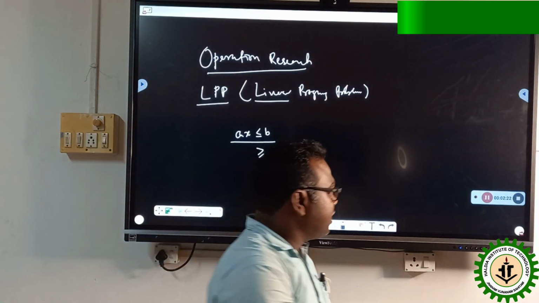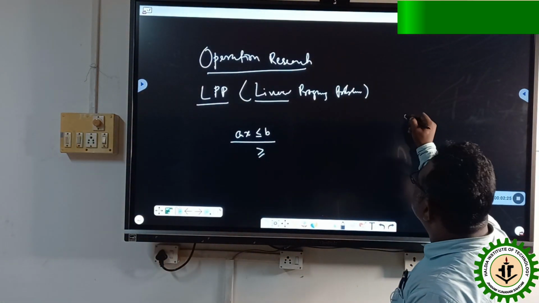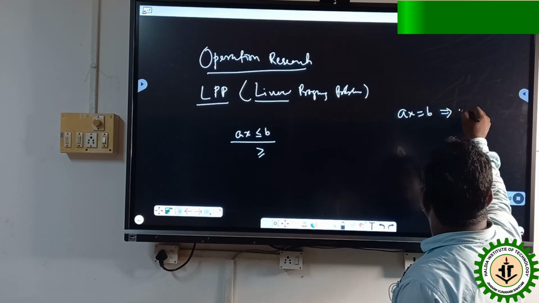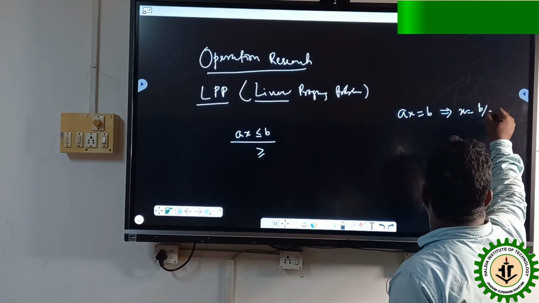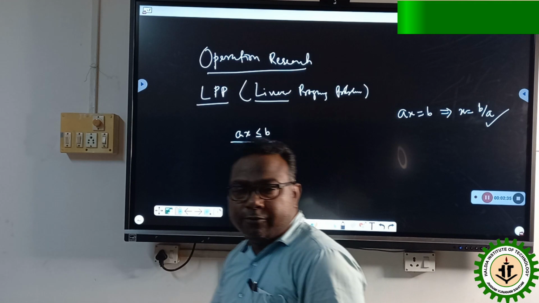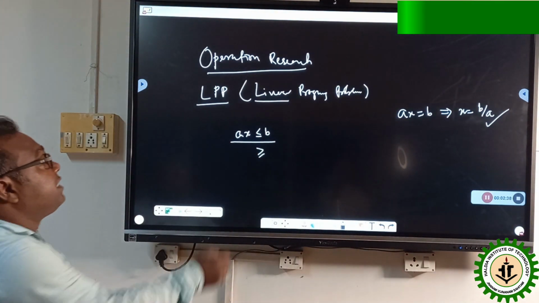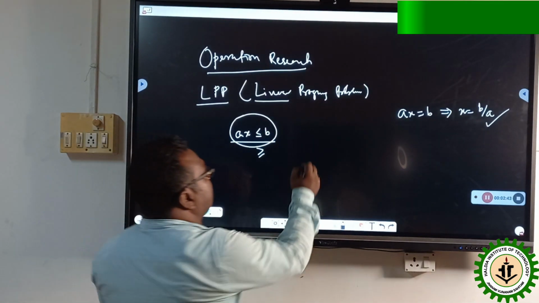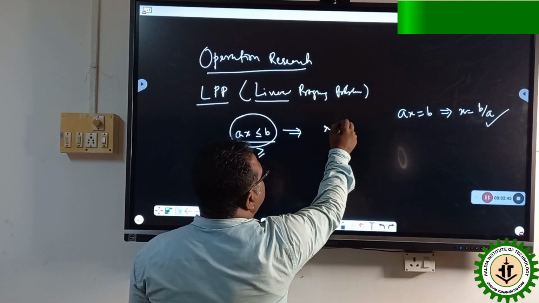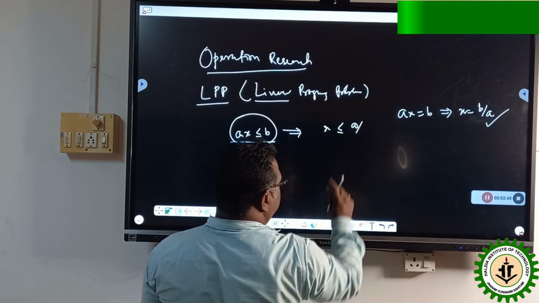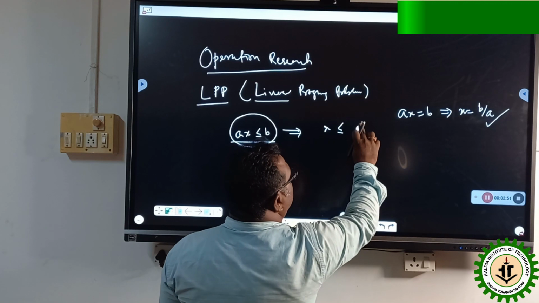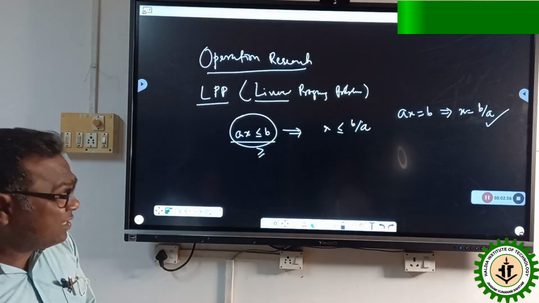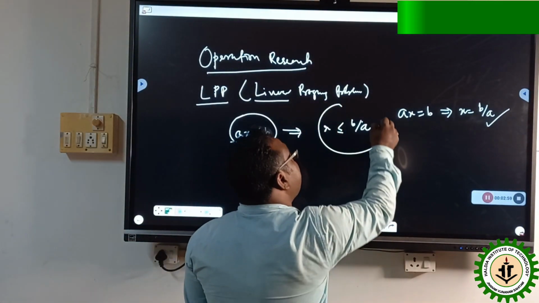But one thing we will mention here: when you are considering the equation ax equals b, you can have x equals b by a as the unique solution. But the inequality does not represent a unique solution. From here you can write that x is less than or equal to b by a, which means it represents a set of points.